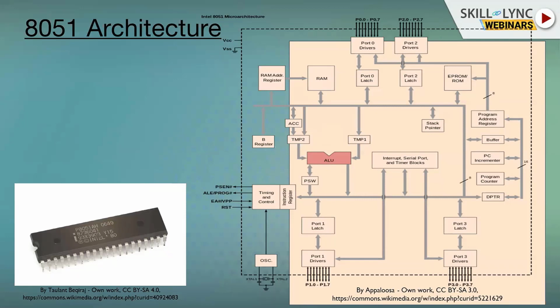These devices use combinational and sequential logic internally, and they need these common pins: a clock pin, a reset pin, and a ground pin, three basic things. All other pins are based on the type of work we are doing with this particular microprocessor or microcontroller, for what purpose it is designed.